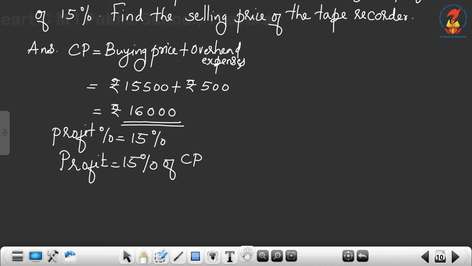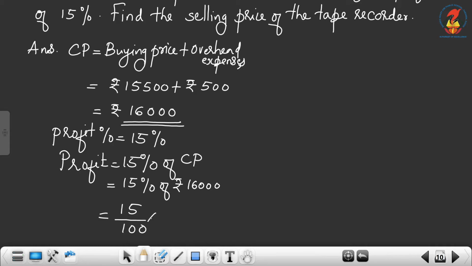So 15% of the cost price is equal to 15% of rupees 16,000. 15% means 15 by 100 into 16,000. Now we can cancel 100 and 16,000, so we will get 160.